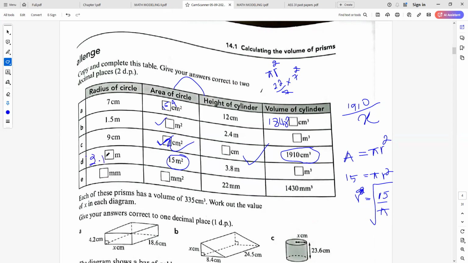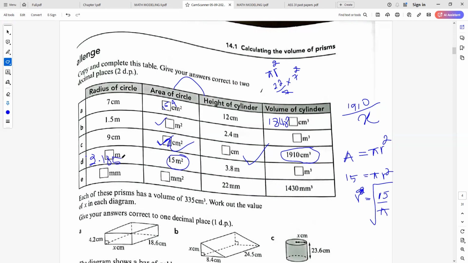To double check your answer, you can use this radius to find the area and check whether you get 15. But if you skip some decimal places, the answer might be close to 2.185. Let's check.